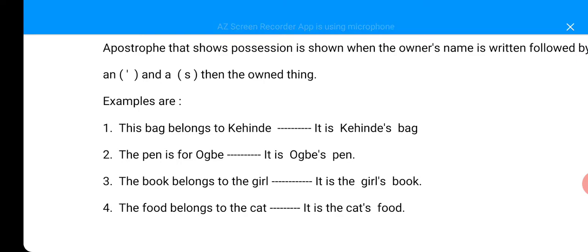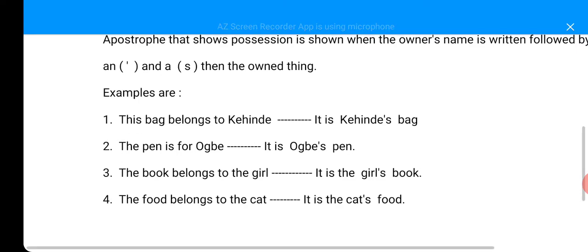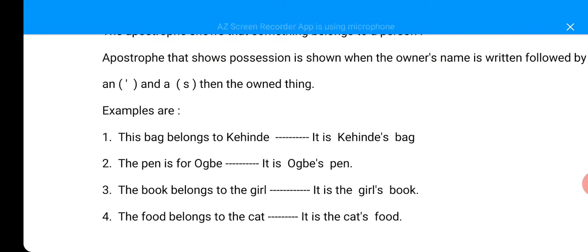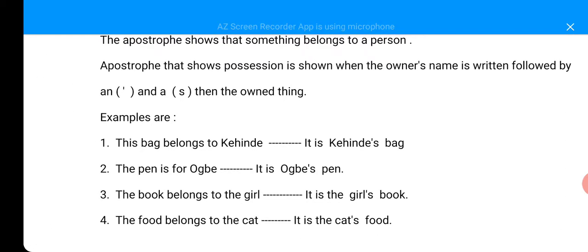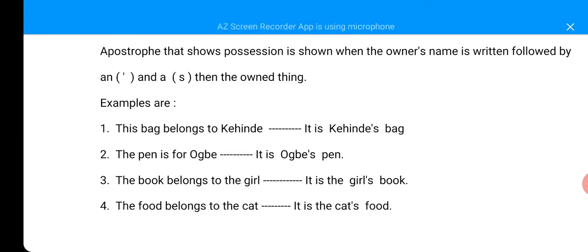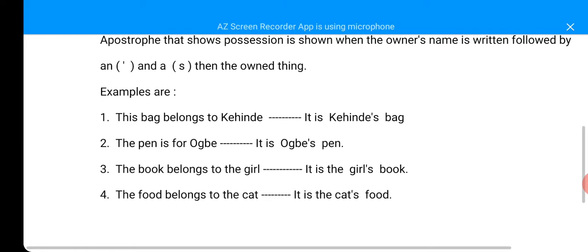Apostrophe that shows possession is shown when the owner's name is written, followed by an apostrophe. That's the mark in the bracket, and an S, then the owned thing.